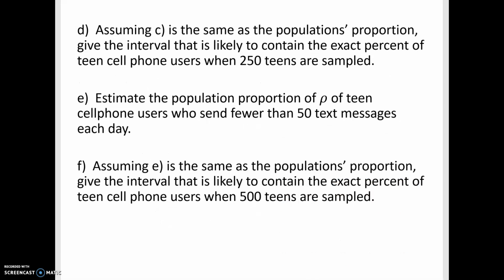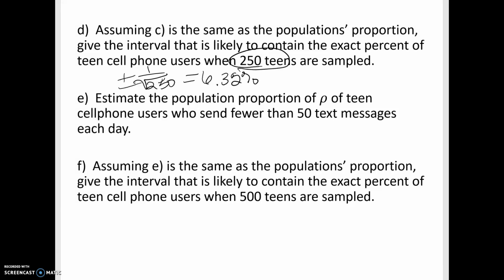Okay, the last slide is using that same information, okay, but now it's saying I want to determine the margin of error based on different numbers. Okay, so say I sample 250 teens, okay, I'm going to find my margin of error is about 6.32%.